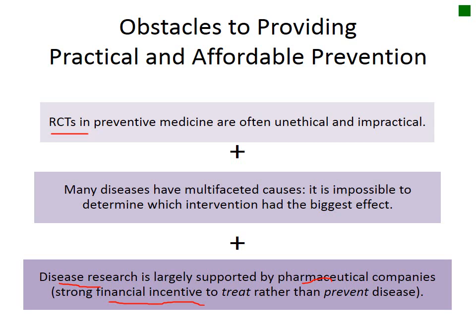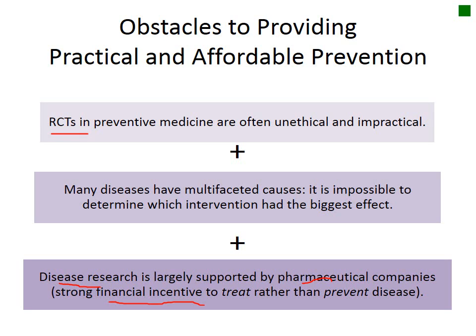These are just some potential obstacles and barriers in providing some prevention methods. One reason why health promotion and primary prevention is sometimes not acceptable is that it hasn't gone through the rigorous studies that medicines and pharmaceuticals have gone under, like randomized control trials.